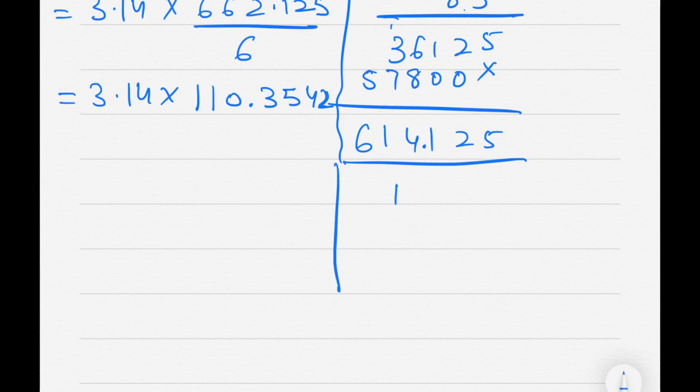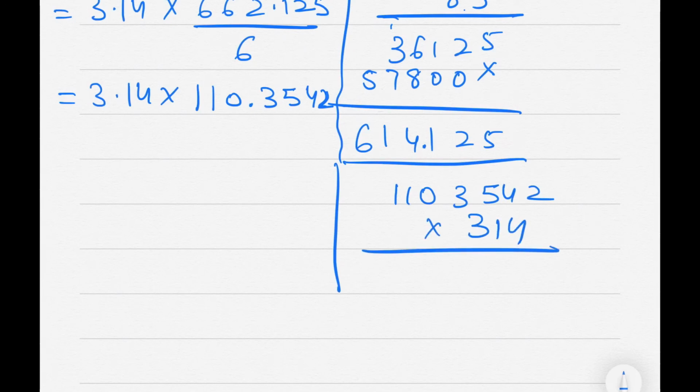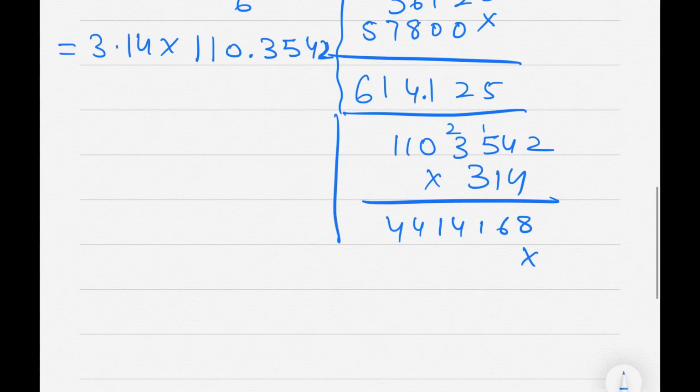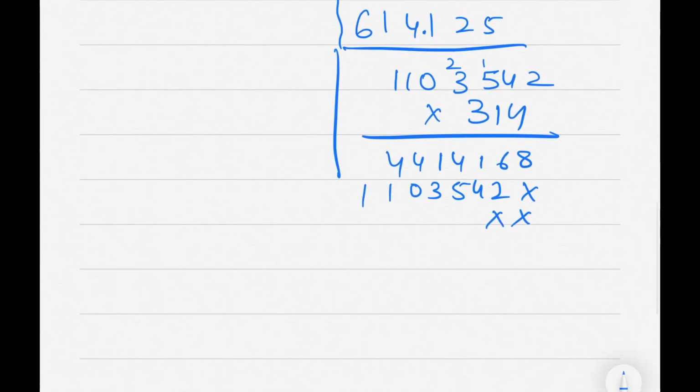So now again let's do the rough work. So rough work will have 1103542 into 314 multiplied. So 4 2 is 8, 16, 1 carry, 21, 2 carry, 4 3 is 12, 13, 14, 4 1 is 4, 4 1 is 4. Okay, now then 5 4 2 3 0 1 and 1, then I have 3.